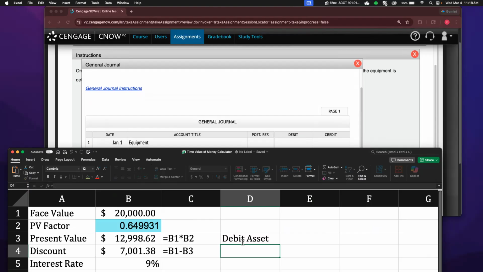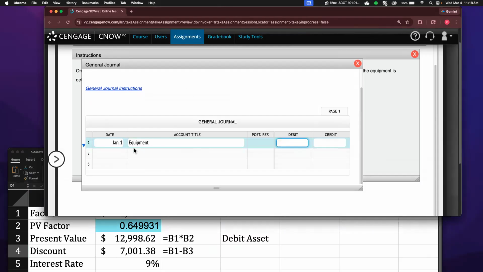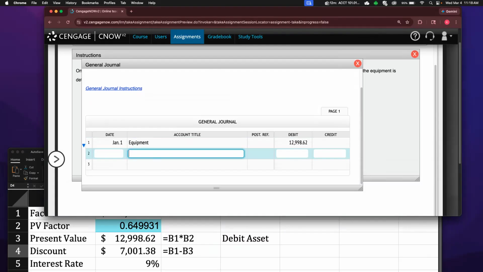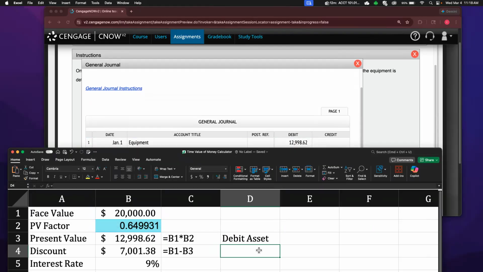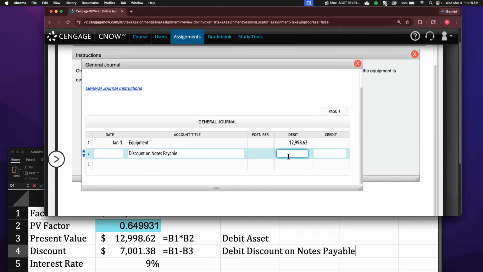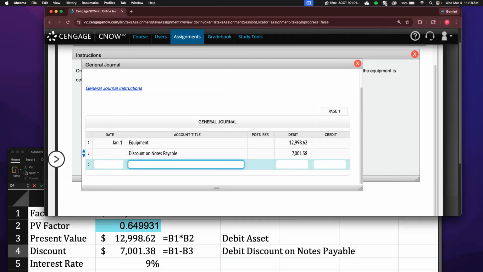So debit our asset for our present value, 12,998.62. We're going to debit discount on notes payable for our discount amount, which is $7,001.38. And we bought a piece of equipment for our note, and the total note is $20,000, or the face value there.